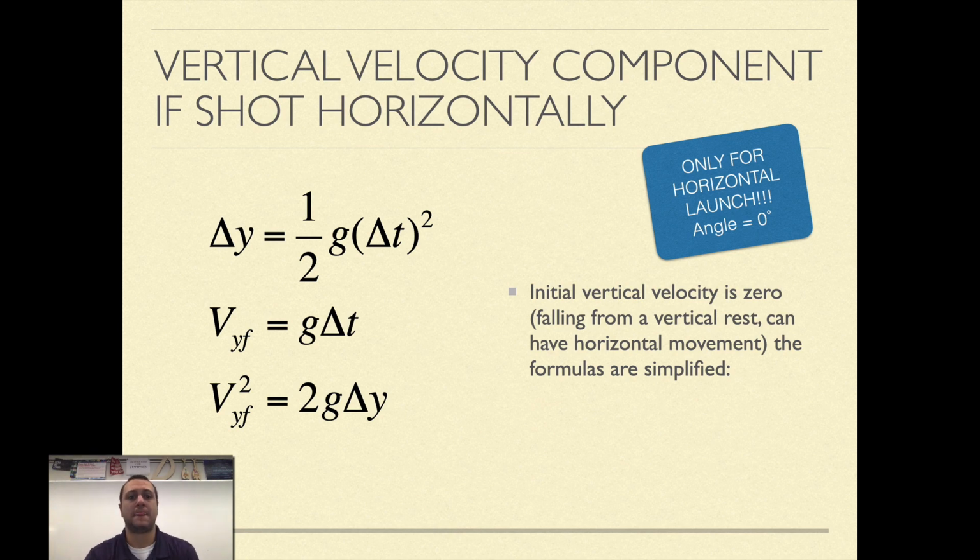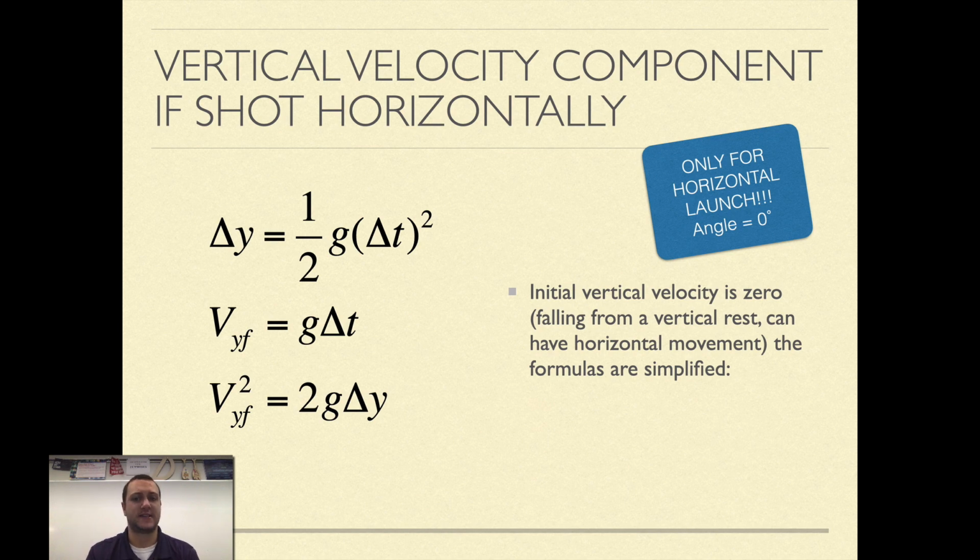Vertically, on the other hand, things are a little bit different. And if you notice on these formulas here, none of them include the initial vertical velocity, right? So our vertical component, when it's shot horizontally, looks different than when it's shot at an angle.